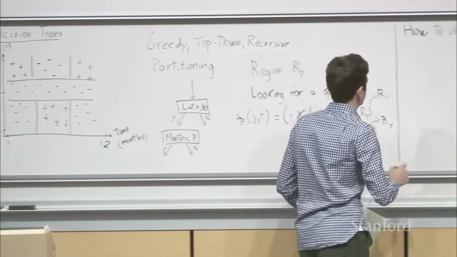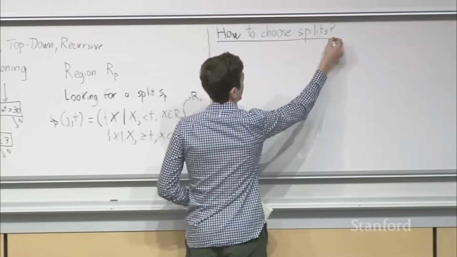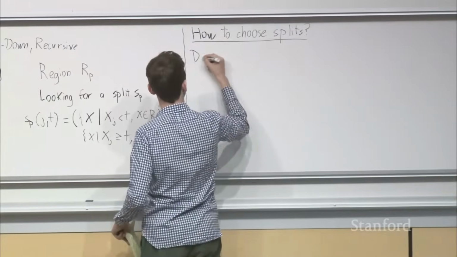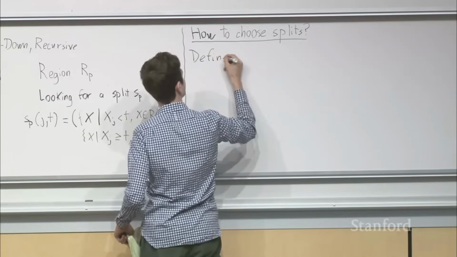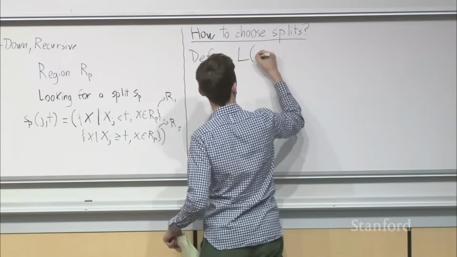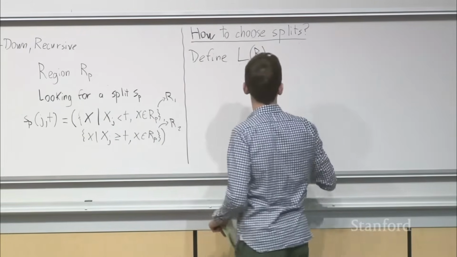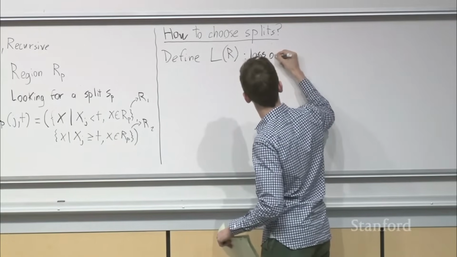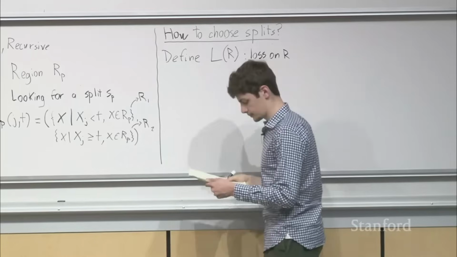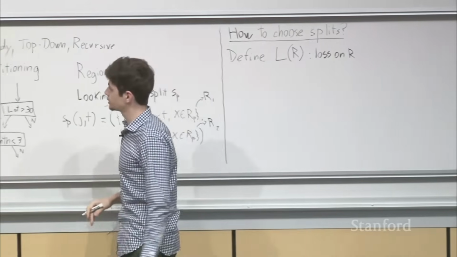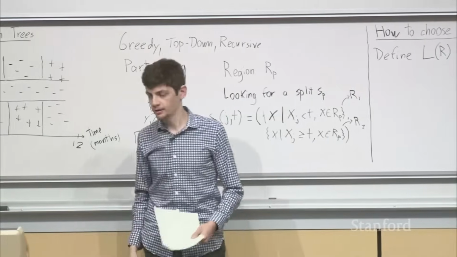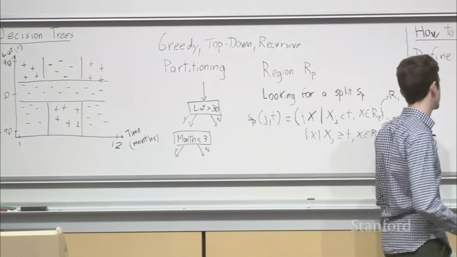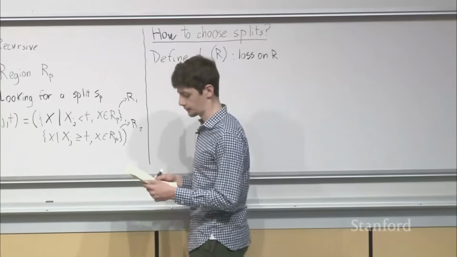And so what it's useful to define is a loss on a region. Okay, so define your loss L on R. And so for now, let's define our loss as something fairly obvious, your misclassification loss. It's how many examples in your region you get wrong.